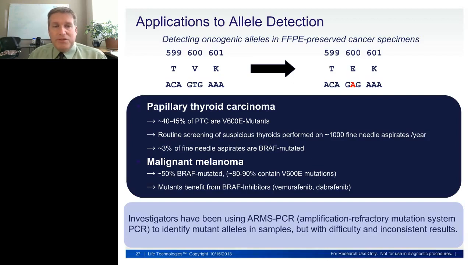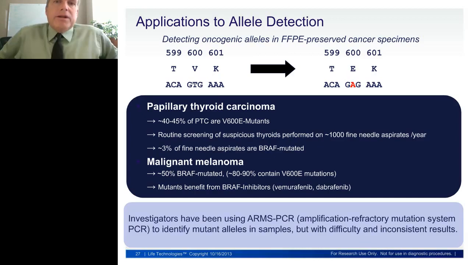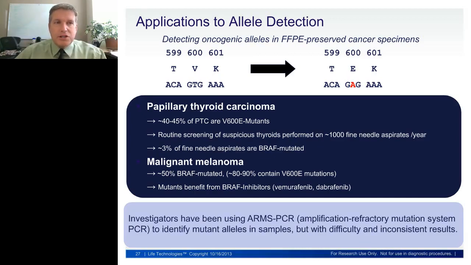And he has, for a couple of years, developed this ARMS PCR, which is Amplification Refractory Mutation System PCR, almost as complicated to perform as it is to say. But his issue with ARMS PCR is that it's difficult and provides sometimes inconsistent results. And so he's interested in trying to see whether or not digital PCR could provide an alternative to ARMS PCR in analyzing these specimens.